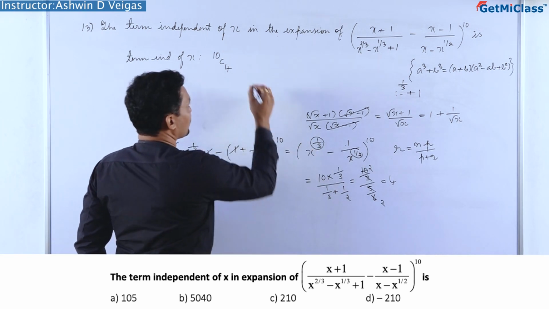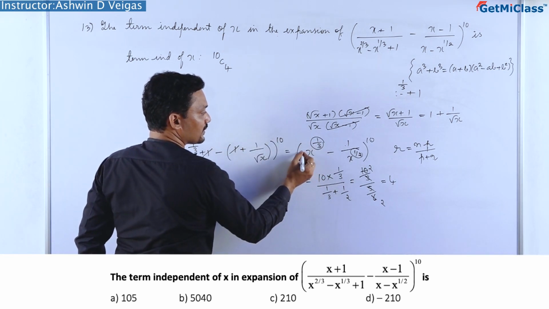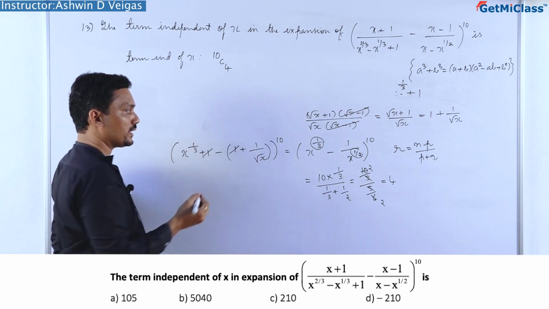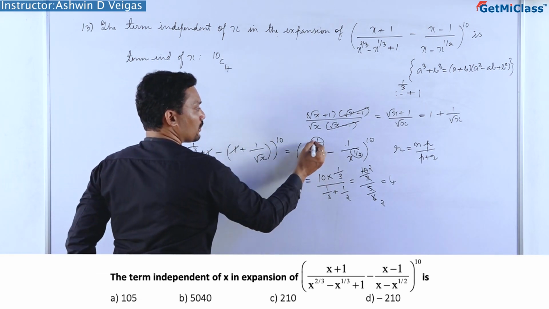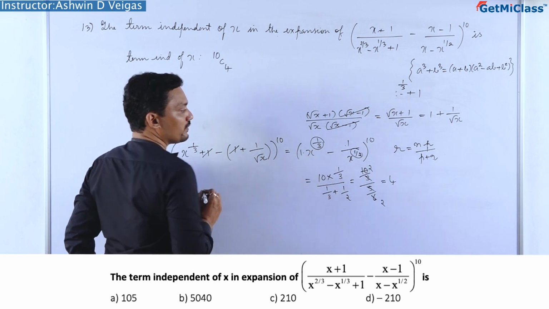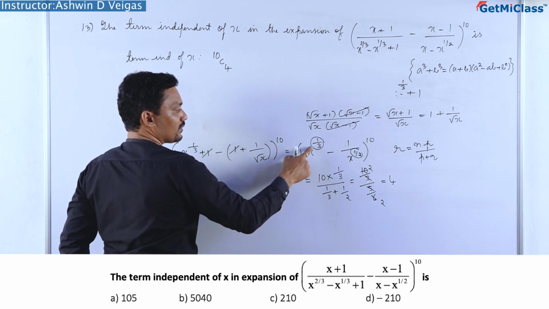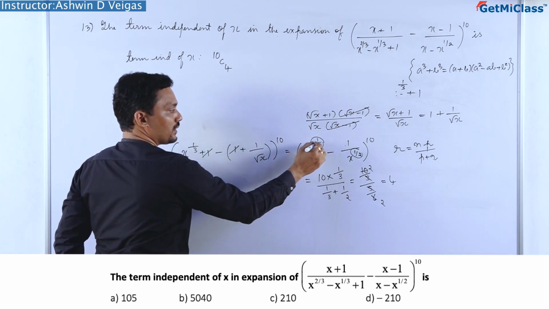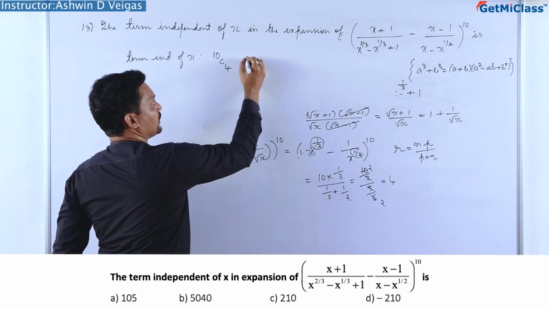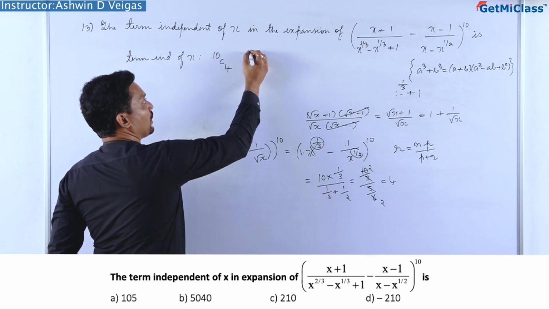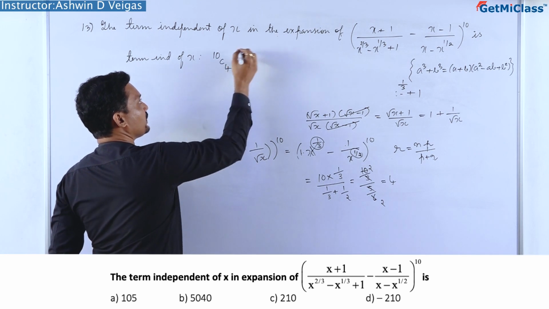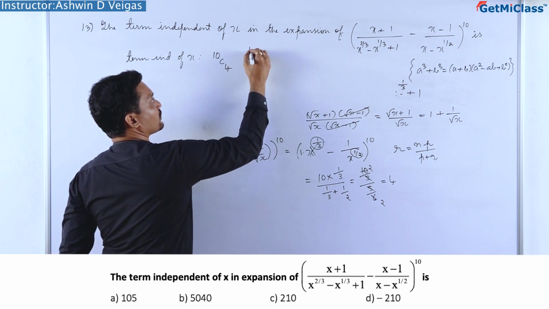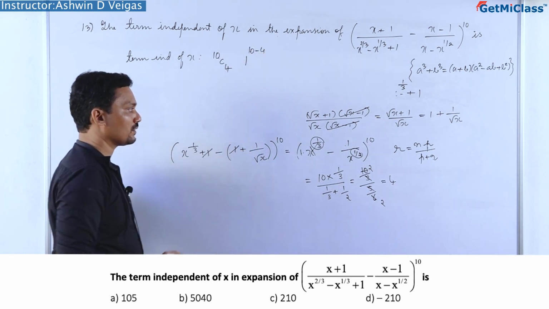This is a shortcut: for x power 1 by 3, you have to write only the coefficient, forgetting the x terms, that is 1, and in the power you take the difference, 10 minus 4.